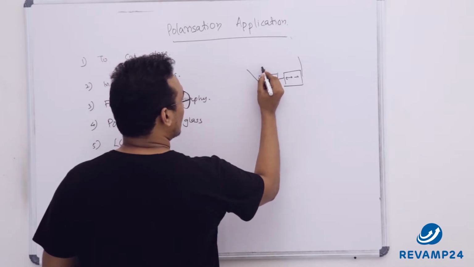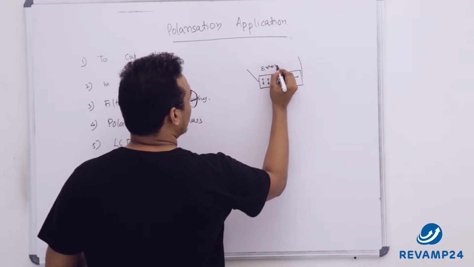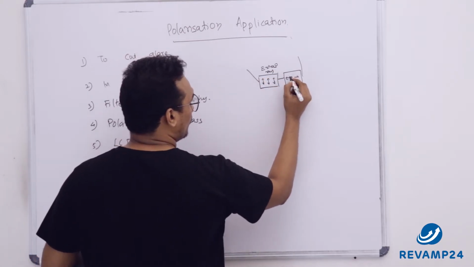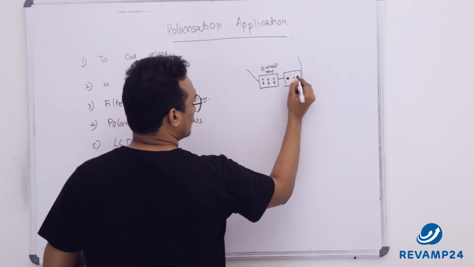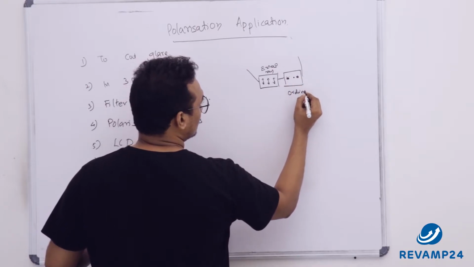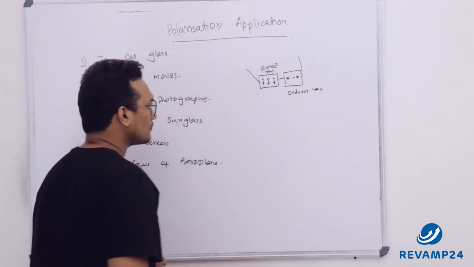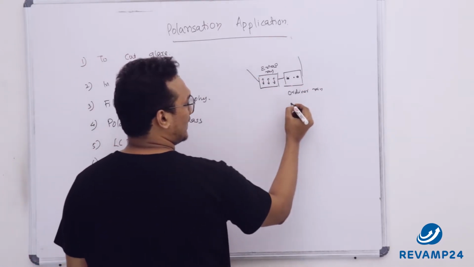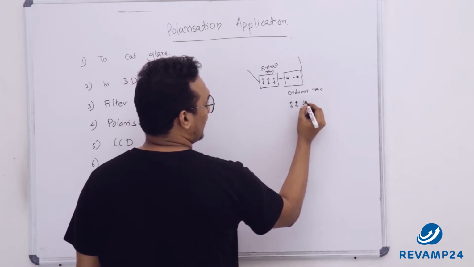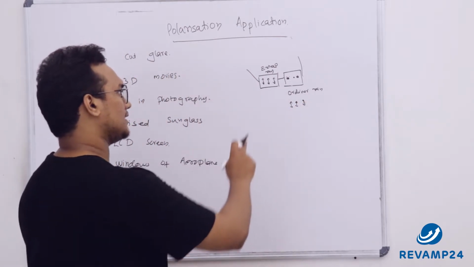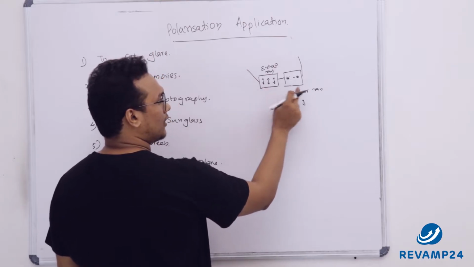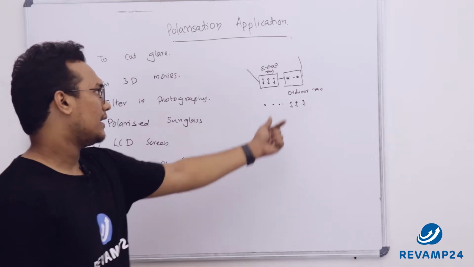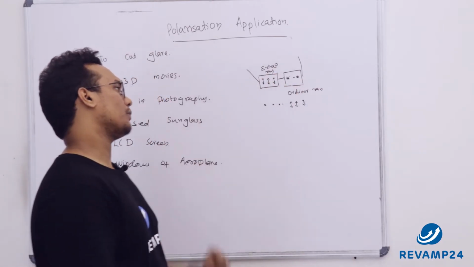This is extraordinary ray, and this is ordinary ray. So this glass doesn't allow extraordinary ray to pass, and this will not allow ordinary ray to pass. This will only allow extraordinary ray to pass, and this will only allow ordinary ray to pass.